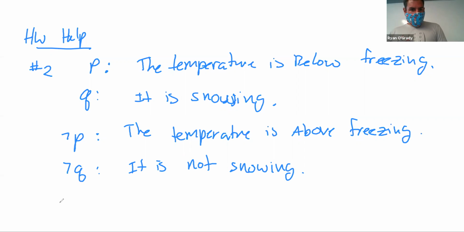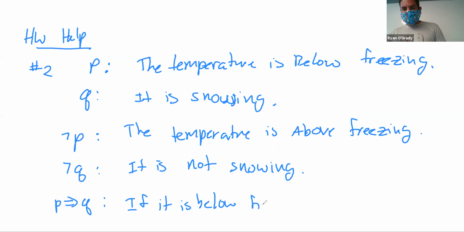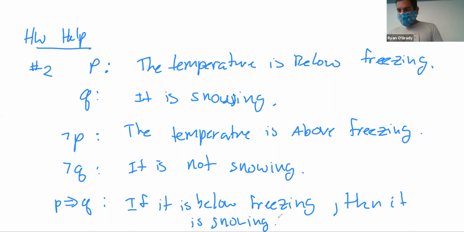Let's do P implies Q. Well, one way of saying this is: if it is below freezing, then it is snowing. I mean, we're just translating.